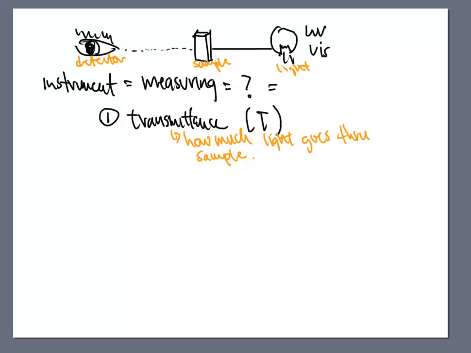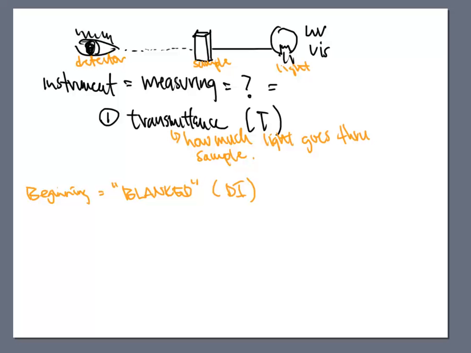Okay, so in the beginning, what I do is make sure that my instrument is blanked. Typically, this is DI water, deionized or distilled water. The purpose of the DI water is that it does not absorb ultraviolet or visible light at all.